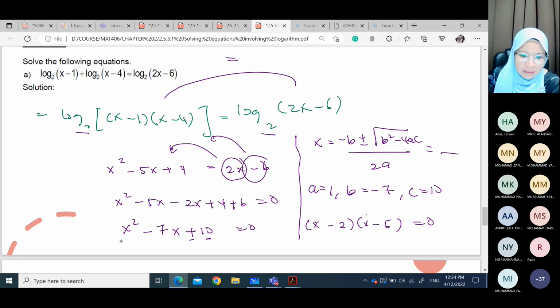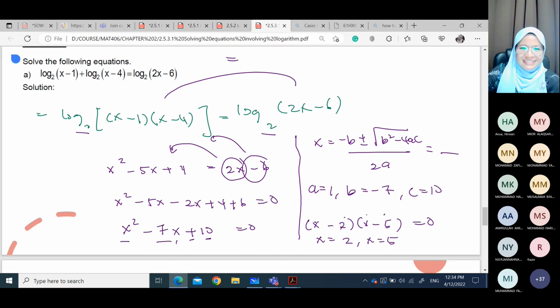We have x squared. Negative 2 times negative 5. We have plus 10. Negatif times negatif kita akan dapat positif. So plus 10. Negative 2x minus 5x. Kita akan dapat negative 7x. Okay. So therefore our x here is 2 and our x here is 5.